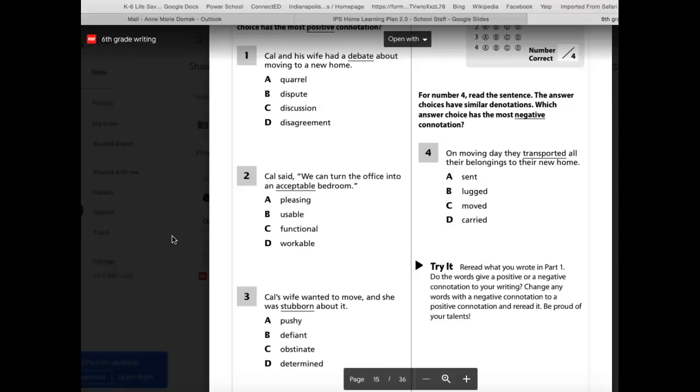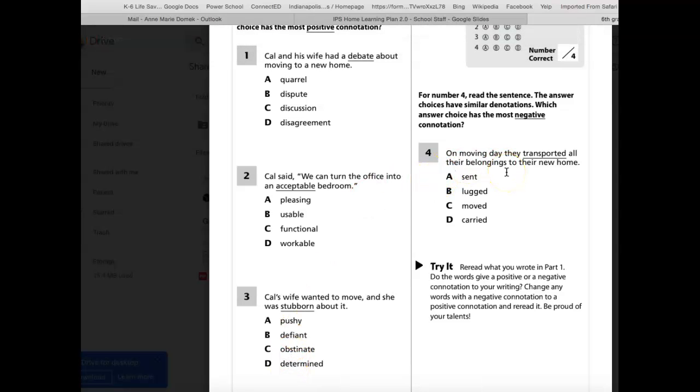Which one do you think would go in there? And number 3, Cal's wife wanted to move and she was stubborn about it. A, pushy, B, defiant, C, obstinate, D, determined. Now you want to pick the positive connotation word. They all have similar meanings.